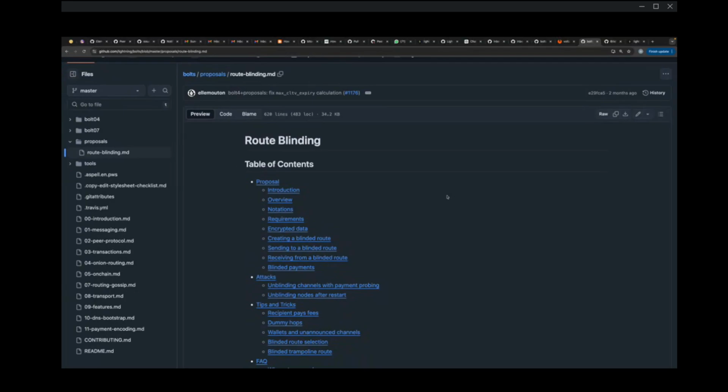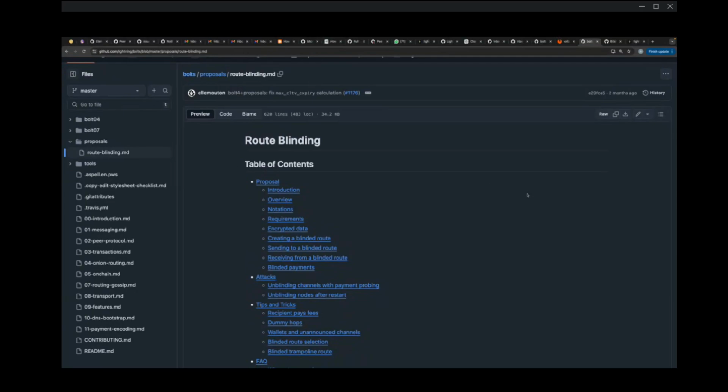So imagine if I route a payment from L1 to L5, I hand over an onion to L2. L2 peels its layer and sees the next node ID that it has to redirect the onion to. That is L3. L3 peels another layer. L4 peels another layer, and it reaches L5. So this is what happens when you route a payment on the Lightning network currently.